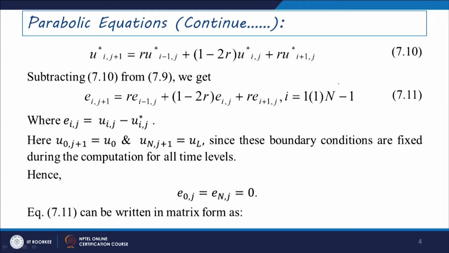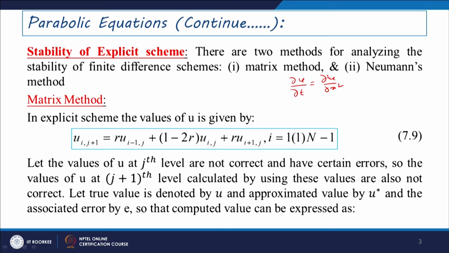We consider the true value as u and the approximated value as u star. You can say that this is the discretized solution, and this is the true, or exact, solution; sometimes it is called the numerically calculated value.